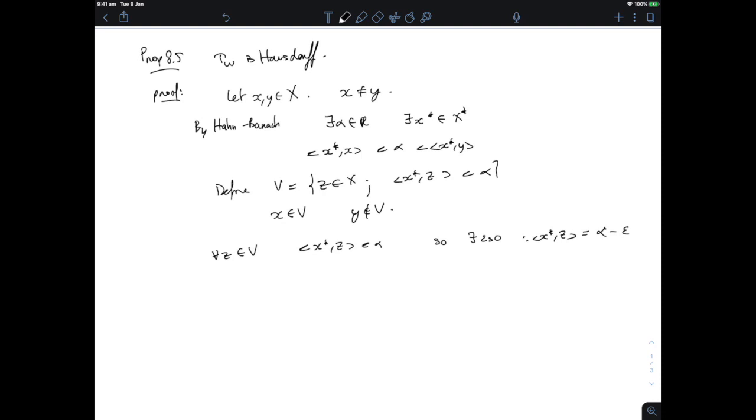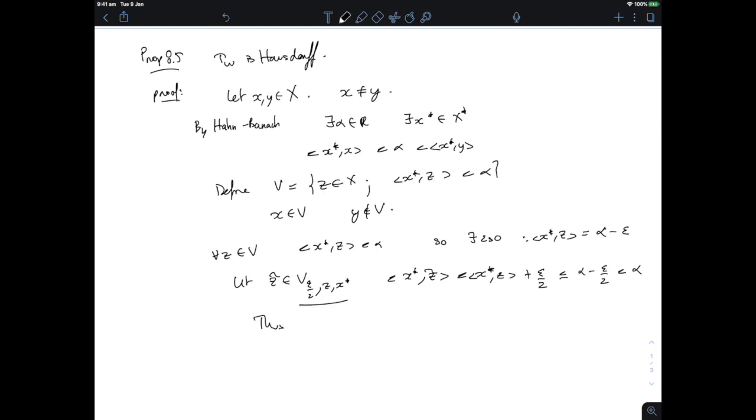If I take a z tilde in V_{epsilon/2}(z, x*), what can I say about <x*, z tilde>? Well, it has to be smaller than <x*, z> plus epsilon over 2 because I'm in this neighborhood here, and <x*, z> is alpha minus epsilon, so this entire thing has to be smaller than alpha minus epsilon over 2, which is certainly smaller than alpha.